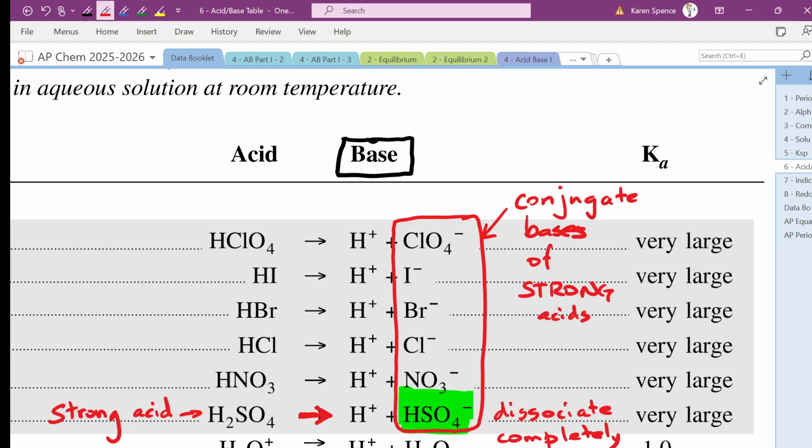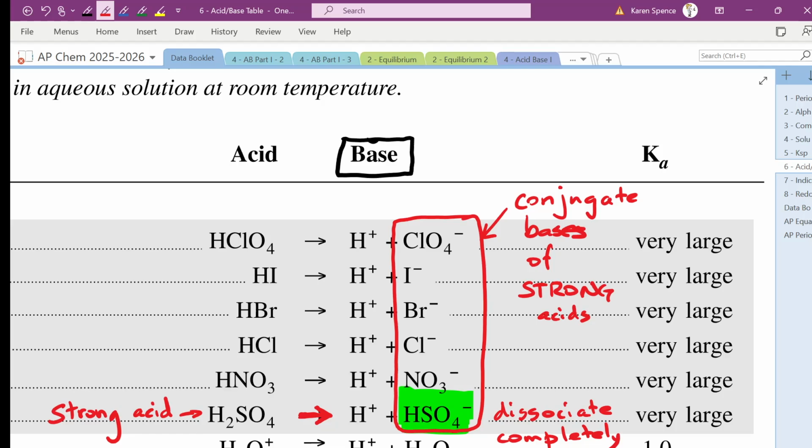HA is the acid, A minus is HA's conjugate base. If A minus is the base, HA is its conjugate acid. So a conjugate acid-base pair is a pair of chemical species that differ by one hydrogen. Either the hydrogen is on or it is off.